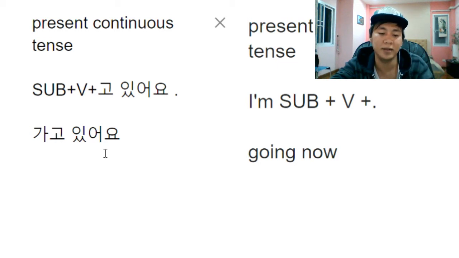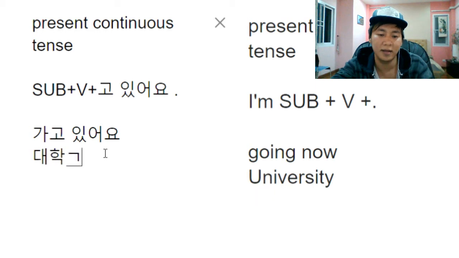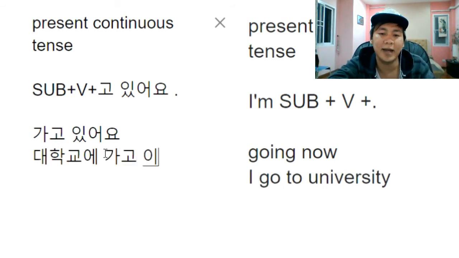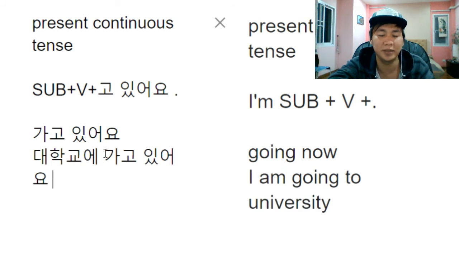Where am I going? 대학교에 가고 있어요. See? 대학교 is university. 가고 있어요. Going to university. I am going to university. Okay.